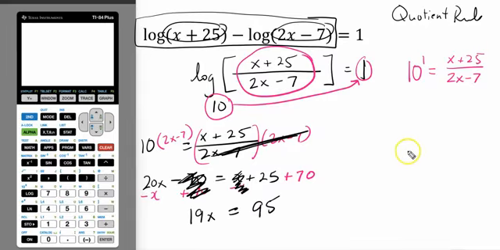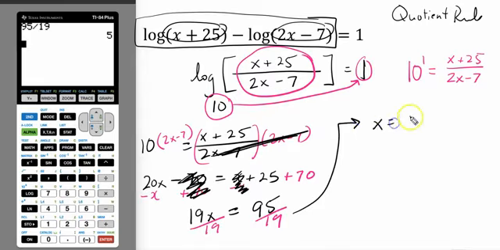And now to solve this for x, I am going to divide both sides by 19. So I come over here, and I'm going to have 95 divided by 19. So what I end up with is that x is equal to 5. So the 19's cancel here, and I'm left with 95 over 19, which is 5.